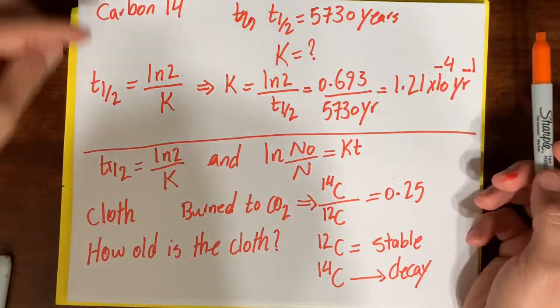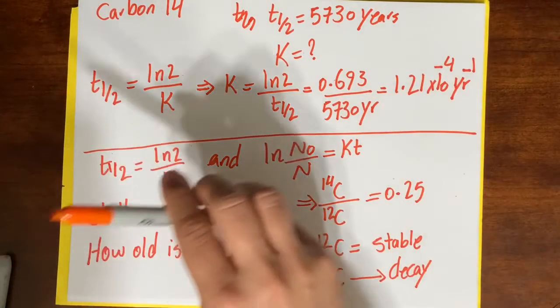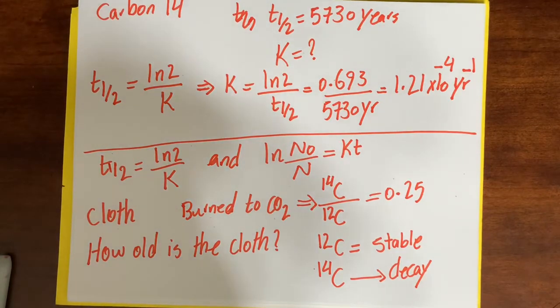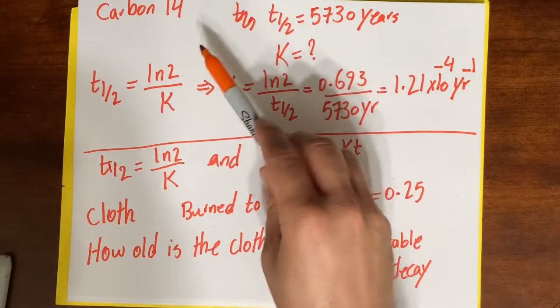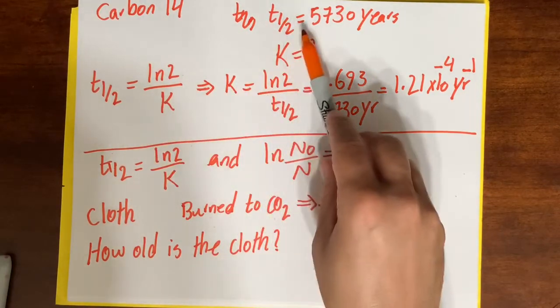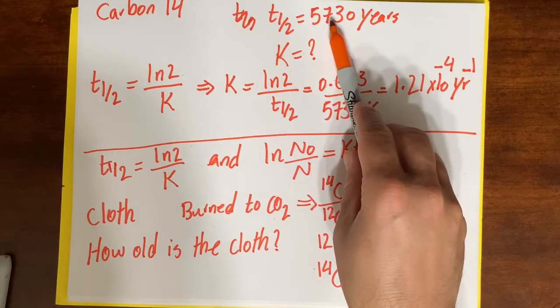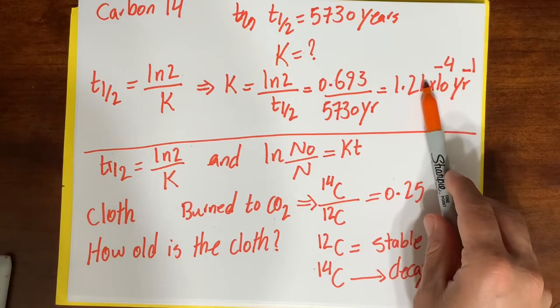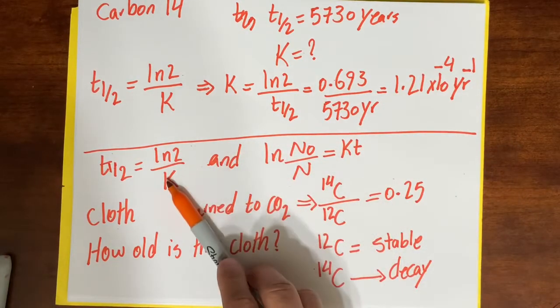So from the first question, it was carbon 14, and we calculated the rate constant for it. We said the t half-life is equal to 5730. We can use it again.